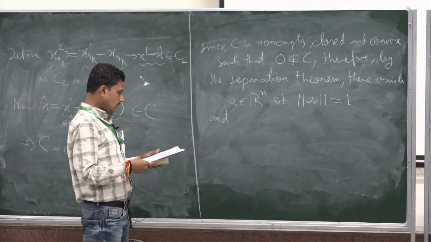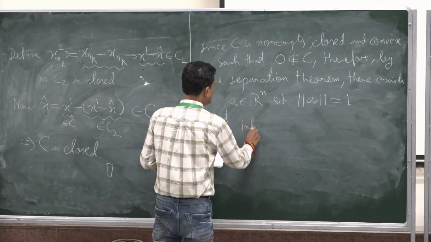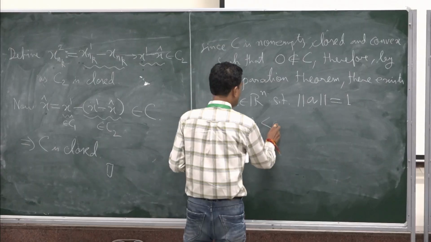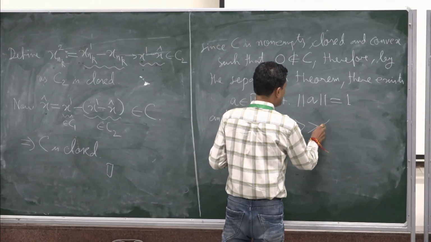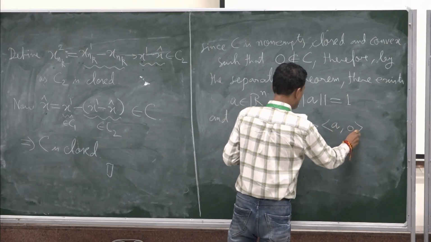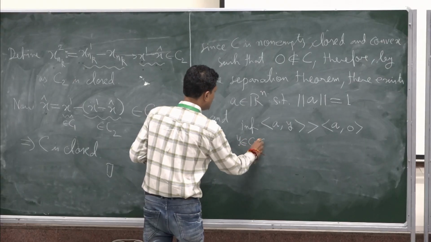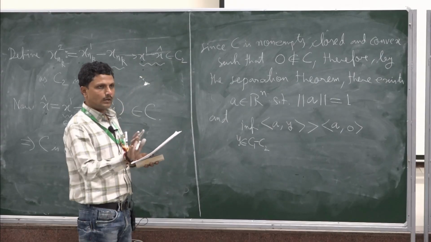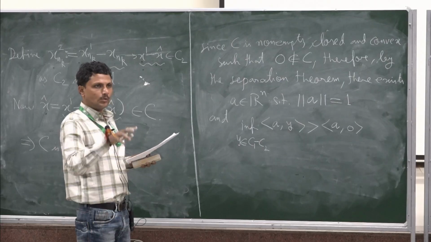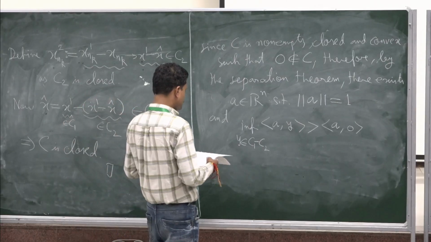So now what can we write? We can write that the infimum of A, y is greater than A0, where y belongs to C1 minus C2, that is C, right? We are applying the separation theorem on the set C. And what is this?